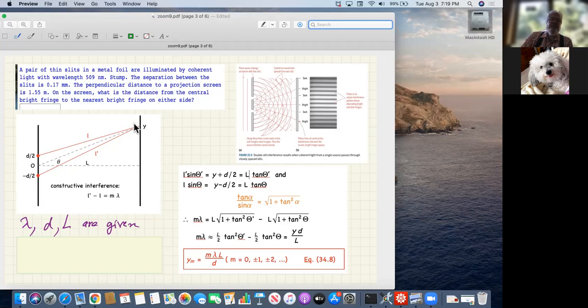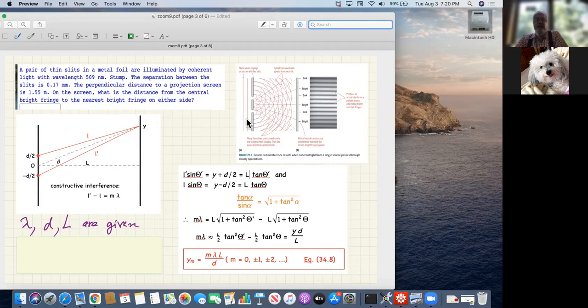So the two crests will be occurring at the same point Y. There'll be constructive interference at Y. The amplitude of the combined wave will be 2 times the amplitude of either wave. So if L prime minus L is M lambda, where M is an integer, then you'll have constructive interference on the projection screen.